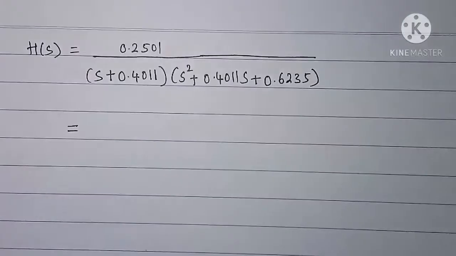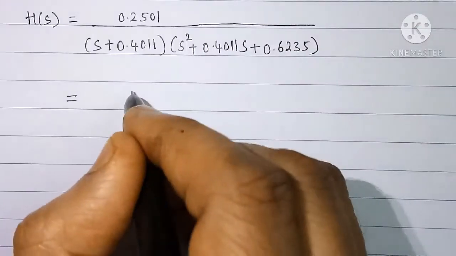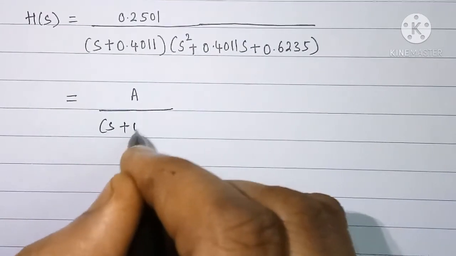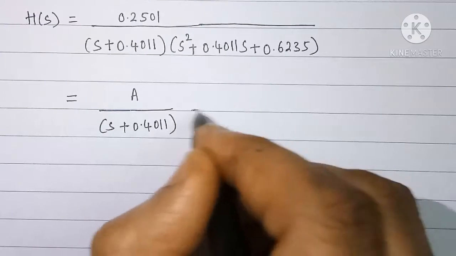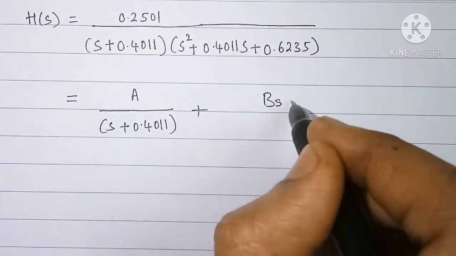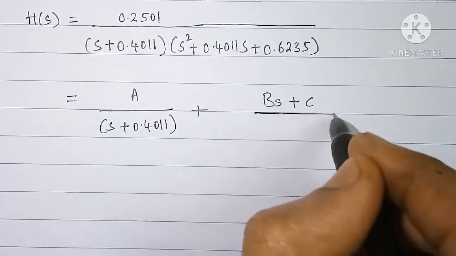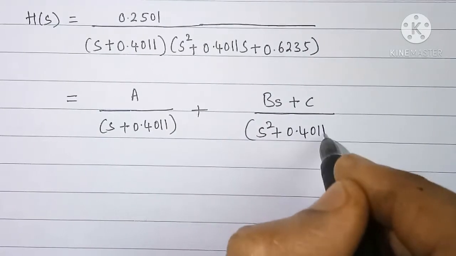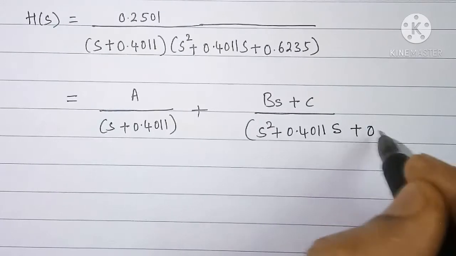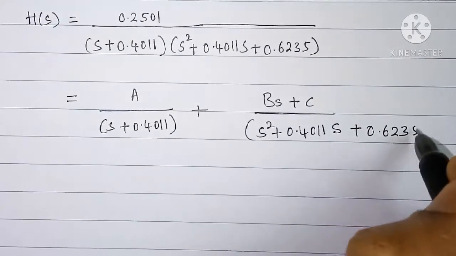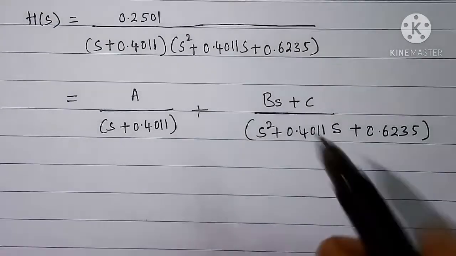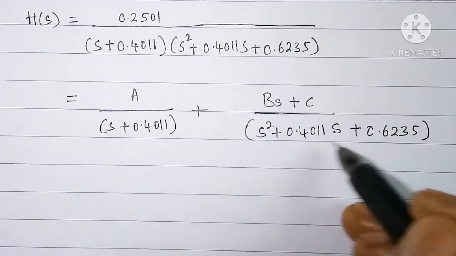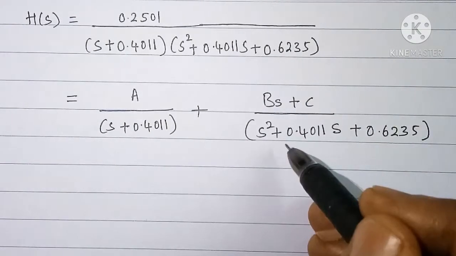Now this may be written as a upon s plus 0.4011 plus bs plus c divided by s square plus 0.4011 s plus 0.6235. We are writing here bs plus c because in the denominator we have a quadratic polynomial in s.